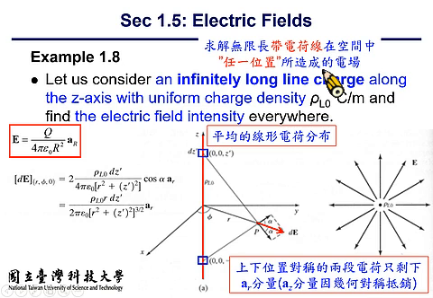The second thing is to take advantage of the geometry of the problem. As you can see, the direction of the electrical field should point along this line, as this black arrow, which is pointing downward over here. And the electrical field built up by this section should be this black arrow. And due to the symmetry of the geometry, the 2 black arrows can be decomposed into vertical and horizontal components.